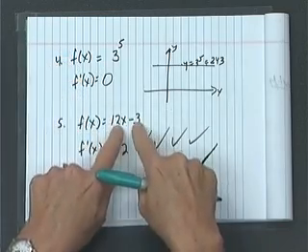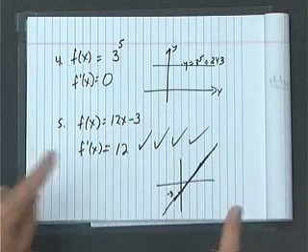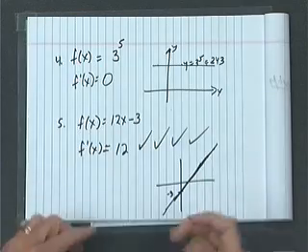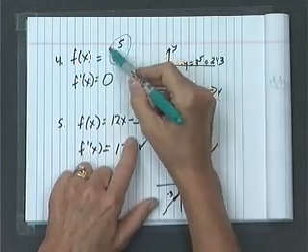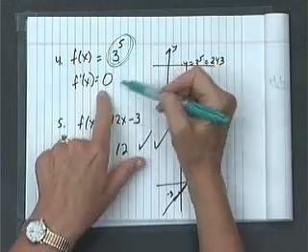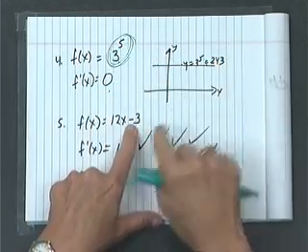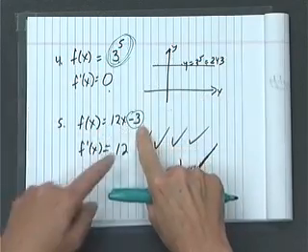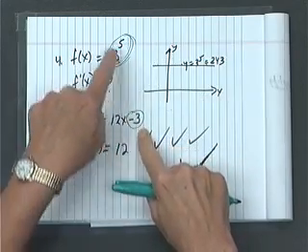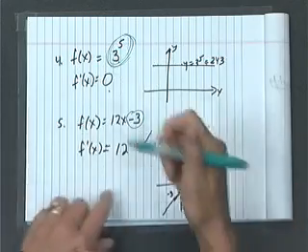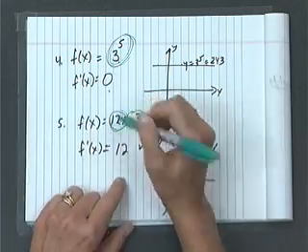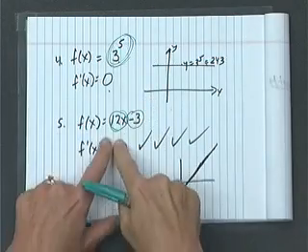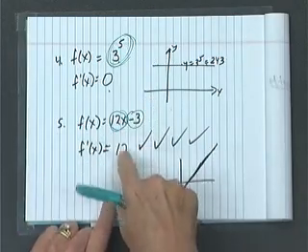So this is really a combination of two functions, one called 12x and another called -3, and they're added together. So when you had a constant up here, the derivative was 0. The derivative of a constant is going to be 0. This part right here is just the graph of the line y equals 12x, which has slope 12.